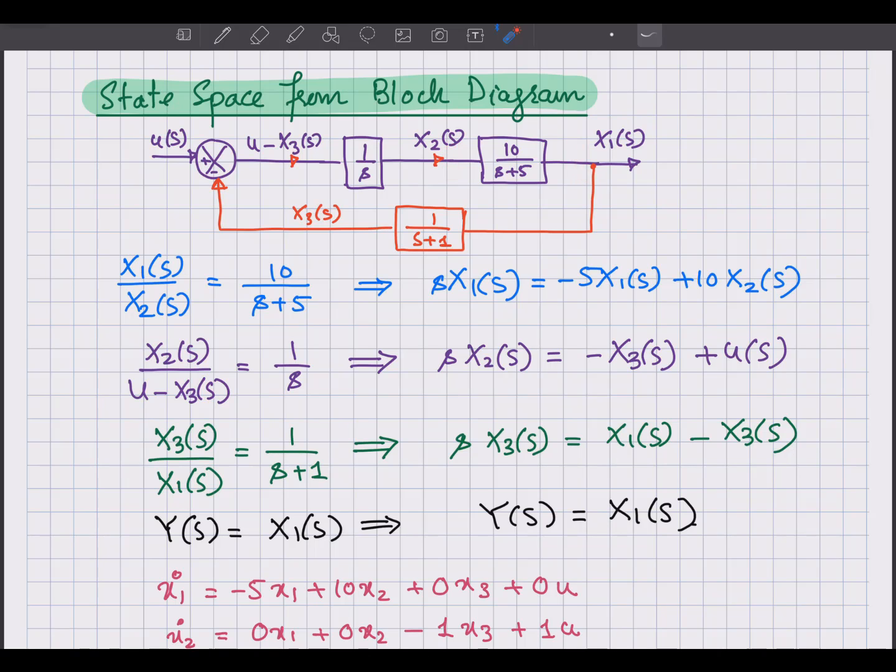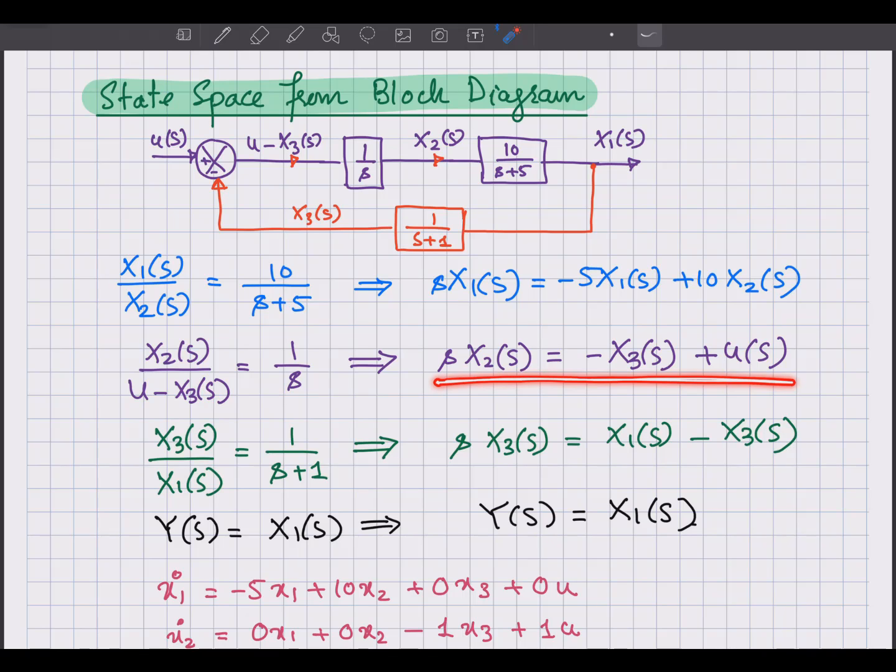Now I'm going to consider this point and this point. The output is x2 of s, and the input over here is u minus x3s. So x2s divided by u minus x3s should be equal to the transfer function in between, which is 1 by s. 1 by s is simply the integrator, right? Then rearranging this, I can write this equation.